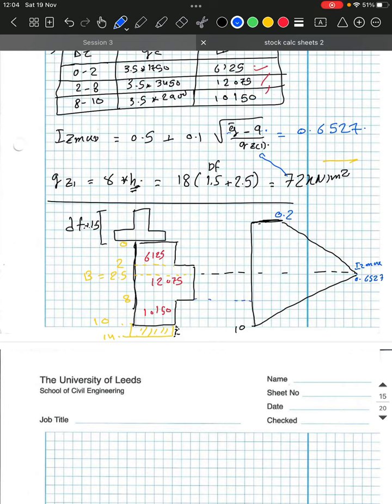I'll call this zone 1, zone 2, zone 3, which this small thing becomes zone 4. And I have to calculate I3 here, I2 somewhere here, and I4 here, 0 anyway.